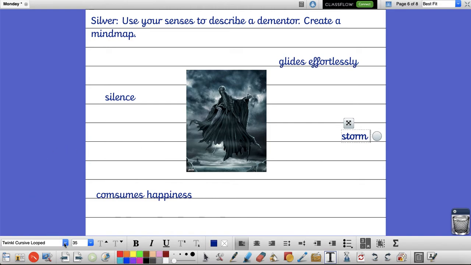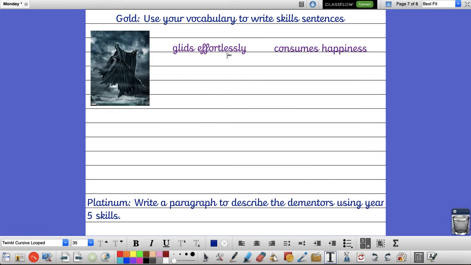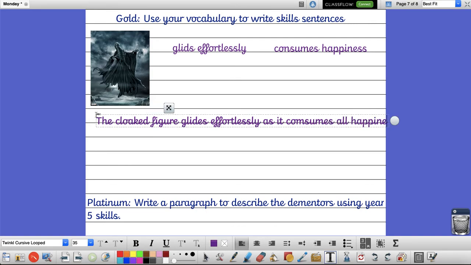That's your Silver challenge. Then for Gold today, I would like you to have a go at taking some of those words that you have written and turn them into some skill sentences. It doesn't need to be proper writing for Gold, it can just be a skill sentence. So it could be, for example, the cloaked figure glides effortlessly as it consumes all happiness.